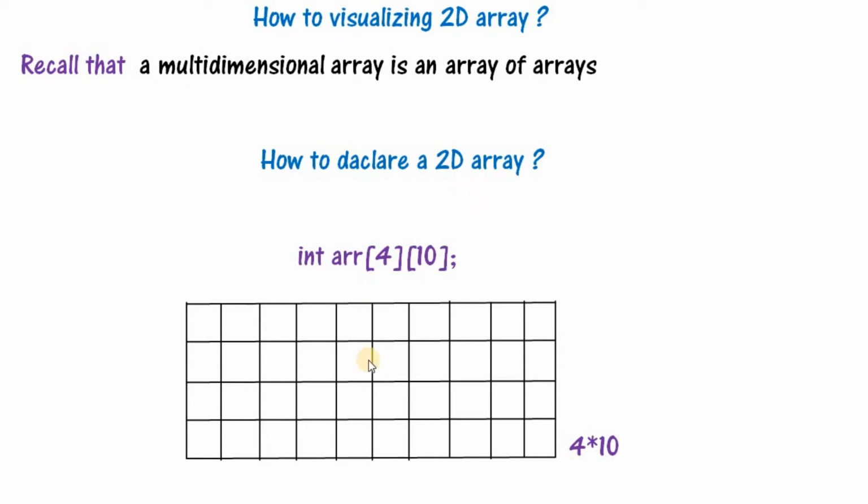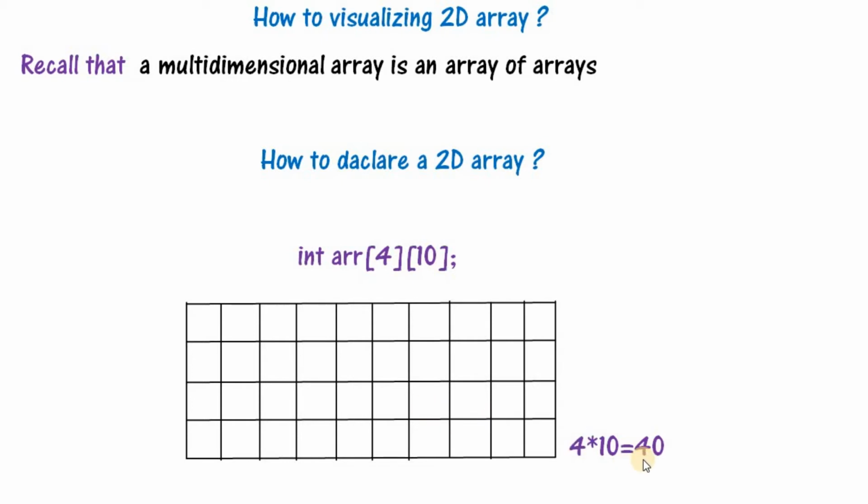A 2D array is basically a matrix. Here in this case it is a 4 cross 10 matrix, because it consists of 4 rows and 10 columns. This is how we can visualize a 2D array. And how many elements do these consist of? 4 into 10 elements. That means 40 elements.